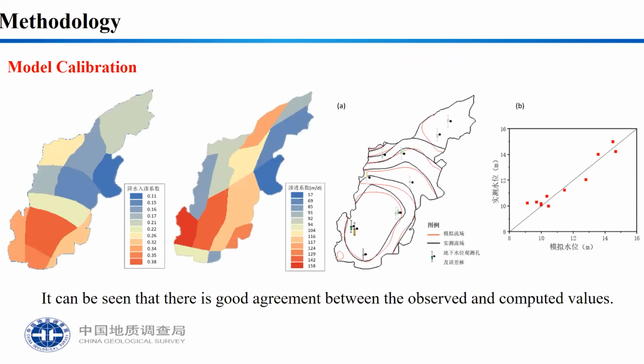From the figures, we can see that there is a good agreement between the observed and the computed values. That means we use the measured values and the computed values for comparison to calibrate the hydraulic conductivity field and the groundwater level.